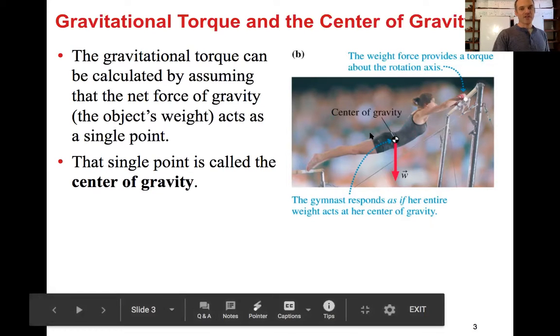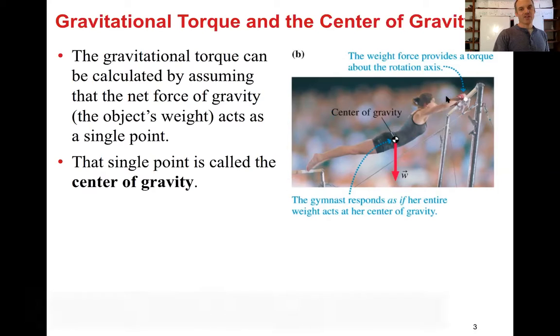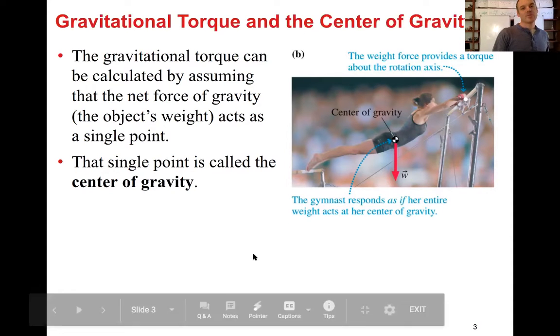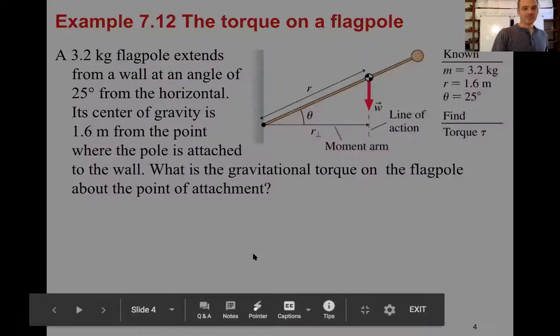So here we have this gymnast who's swinging on the bar. Her entire center of gravity is here in the middle, like you would expect, and that's the part that's going to apply the weight's gravitational force that's going to supply the torque to make her swing forward.